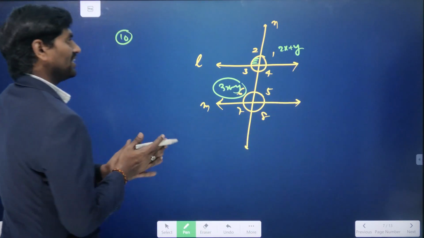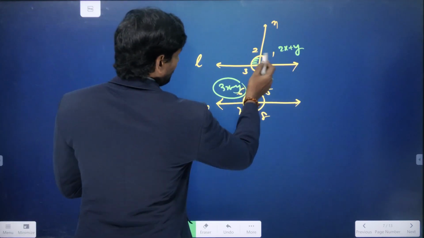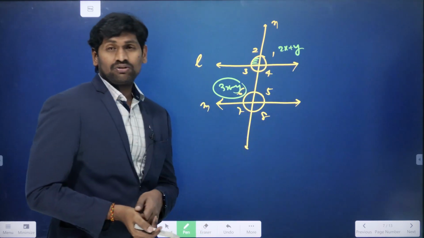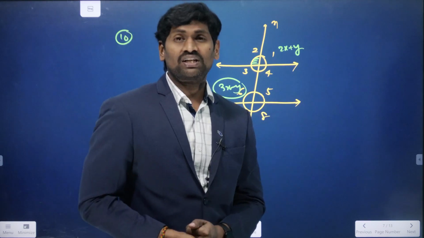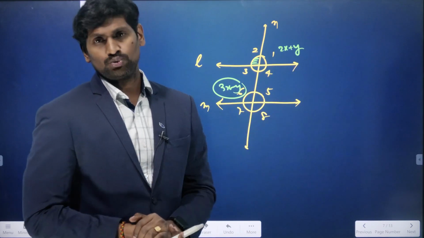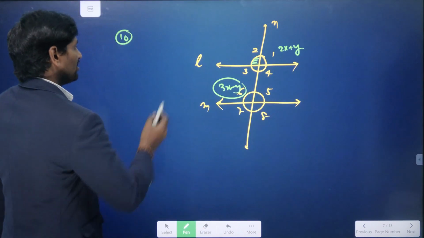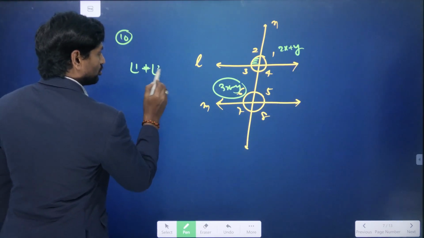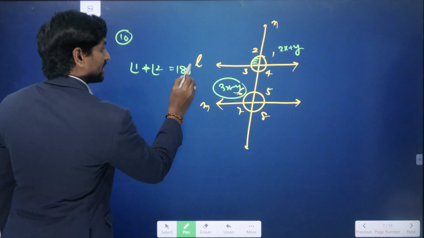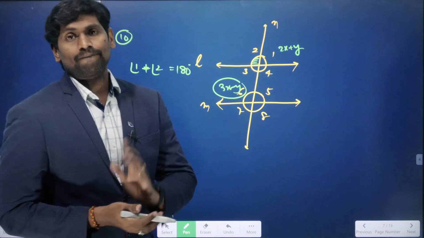Okay, let us consider this. While you are observing these two, 1 and 2, we can consider them as a pair of angles on a straight line, nothing but a linear pair, whose sum equals 180 degrees. That means from this figure I can write angle 1 plus angle 2 equals 180 degrees because of linear pair. Okay?